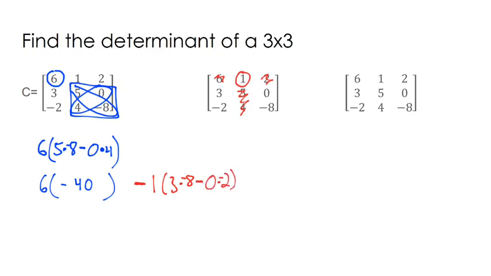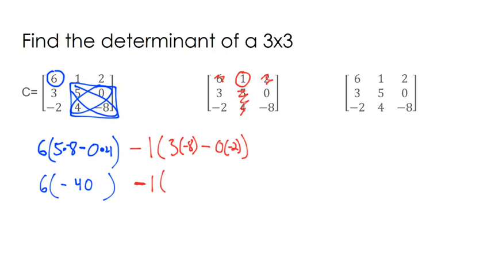I know my notation isn't great there, but you can get the idea. I fixed that and cleaned it up a little bit. So we'd have minus 1 times negative 24 minus 0. So that would just be a negative 24 in parentheses.